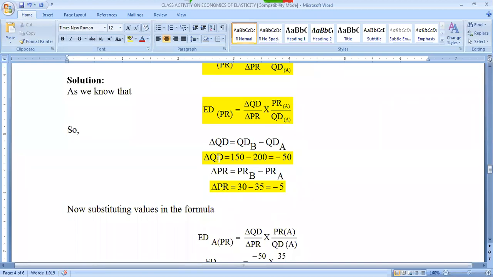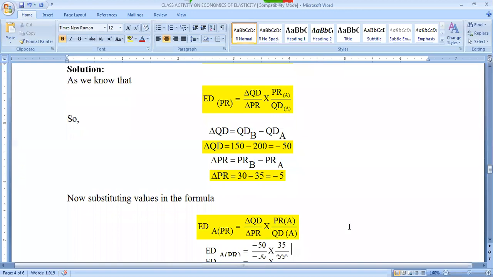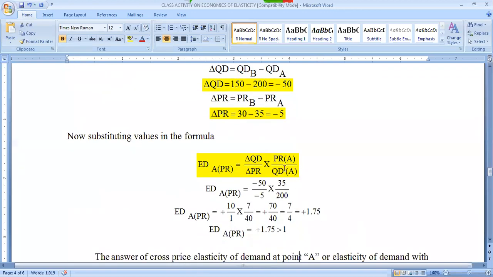Now substitute this information into the formula, which is delta QD over delta PR multiplied by PR over QD at point A, right? We have found delta QD as minus 50 and delta PR as minus 5, multiplied by PR at point A, which is 35, and quantity demanded at point A, which is 200, right?